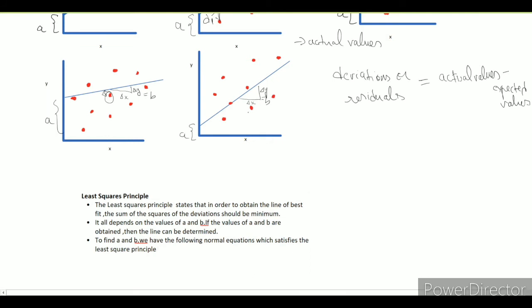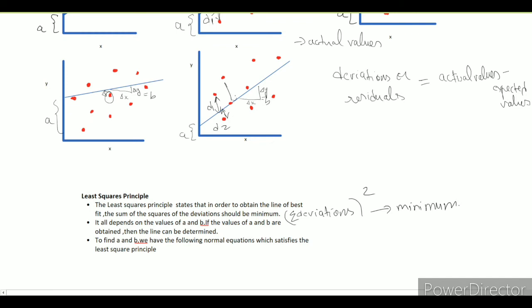In other words, the sum of the squares of deviations, which means if we add up all these deviations, they should be minimum. Okay, so let us take for example this. This is one deviation, let us call that d1. This is another deviation, d2.